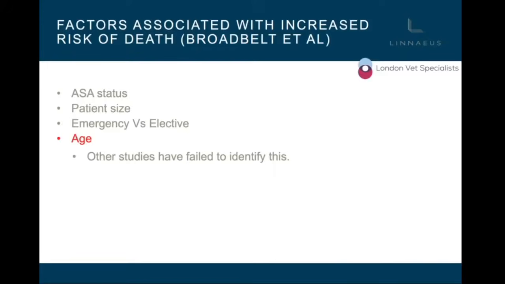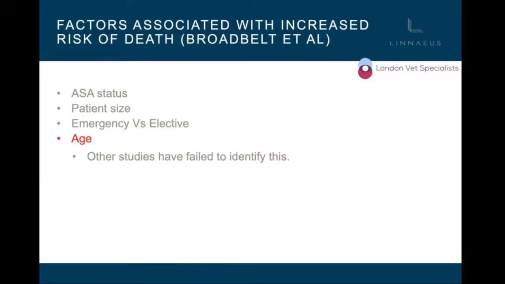In Brodbelt's study, he did isolate certain factors which were shown to increase anaesthetic morbidity and mortality, and they included an increase in ASA status, extremes of patient size, so very small and very large patients, whether the procedure was an emergency procedure rather than an elective procedure, and age was identified in dogs as increasing the risk of perioperative morbidity and mortality.